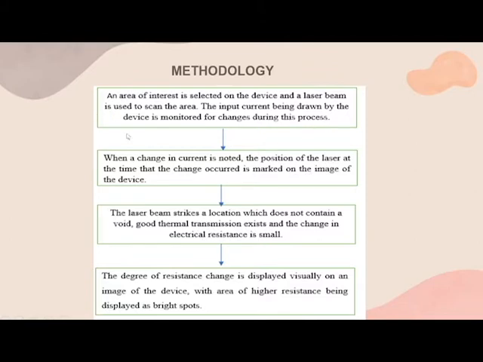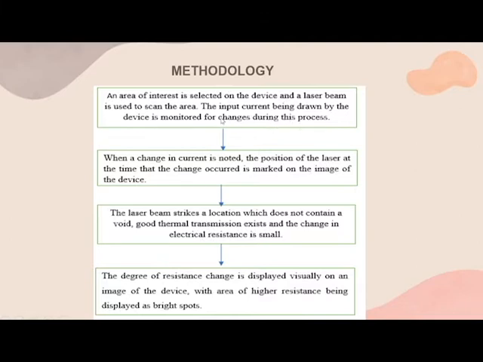An area of interest, for example, is the semiconductor. The laser beam is used to scan the area, and the input current being drawn by the device is monitored for changes during this process.